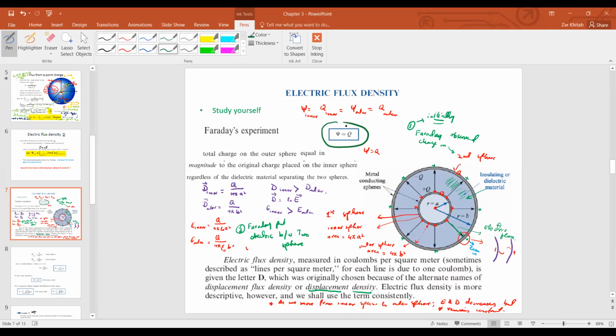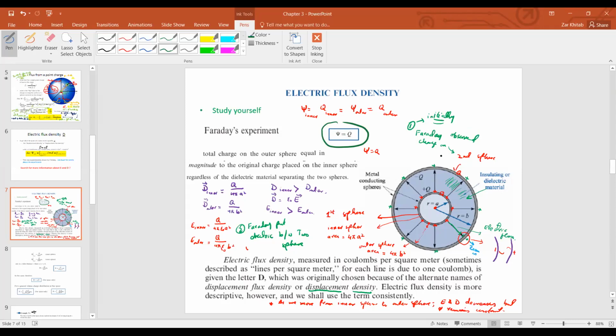Okay, that was the Gauss experiment, and Faraday worked on a similar concept, and he ended up on the displacement of flux. So he at that time defined it as the displacement density.